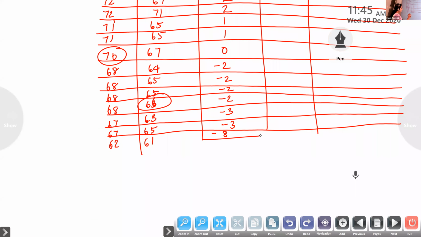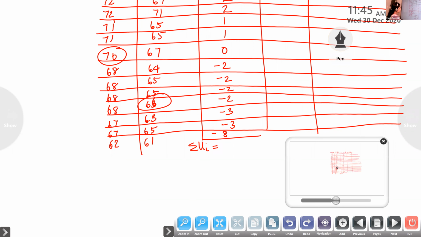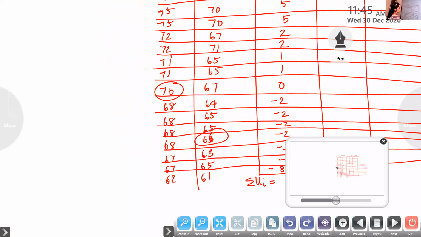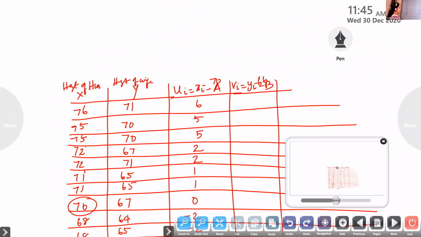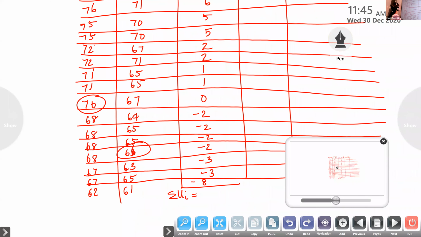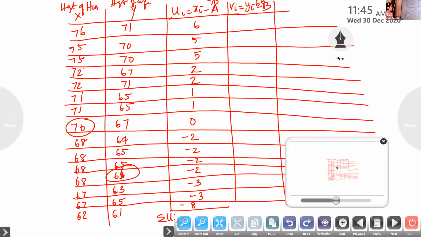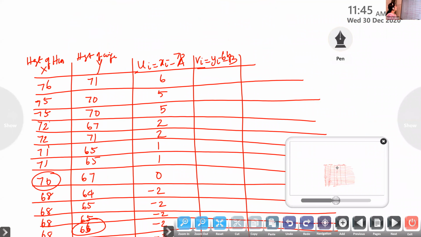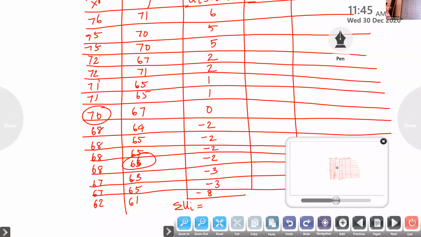Once you find this, find out what is sigma ui. Is it 0?